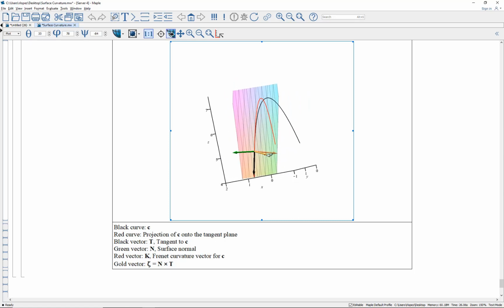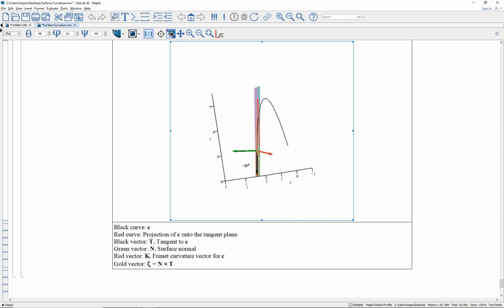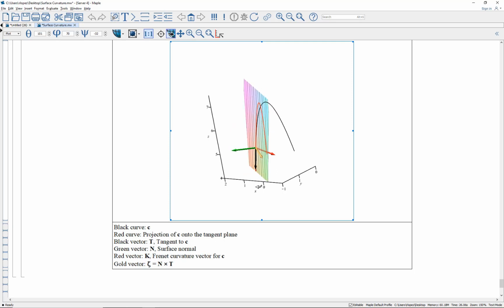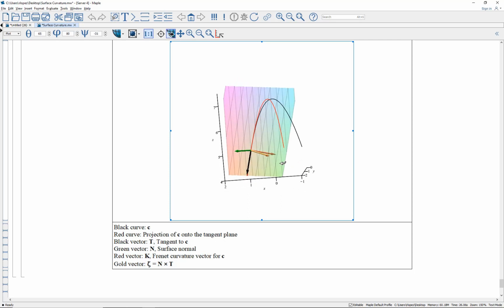And we have this gold vector and this red vector. The red vector is the Frenet curvature vector for the red curve, which lies in that tangent plane. The gold vector is zeta, and it is the projection of the red vector onto this gold vector that gives you the geodesic curvature, and they turn out to be the same.